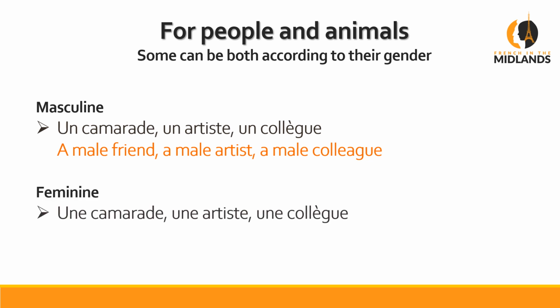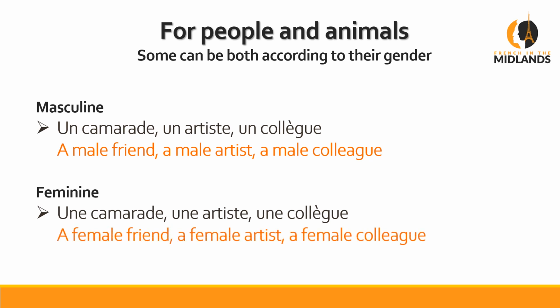Feminine, you could say une camarade, une artiste, une collègue, which is the female version of the same, a friend, an artist, a colleague. So sometimes with those words, all you need to do is change the un or the une. Sadly, there's not that many of them. It would be nice if there was more.